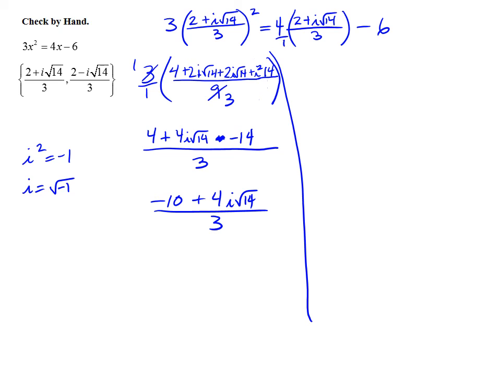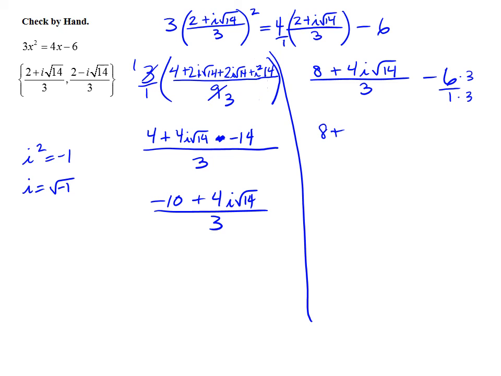Now on the other side, I have the multiplication first. So the 4 distributes through the numerator, so I get 8 plus 4i times the square root of 14, all over 3, minus 6. Now to add the fraction and the whole number, I need to think about getting a common denominator. So I need to multiply the whole number of 6 over 1 by 3 in top and bottom to build to a common denominator.